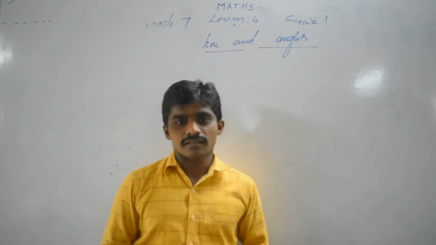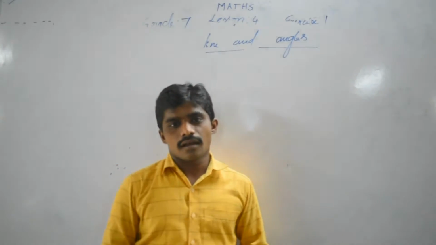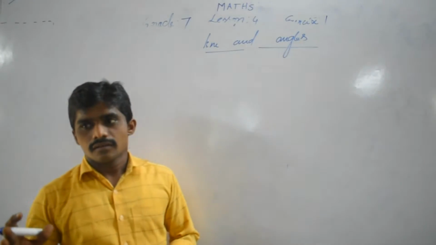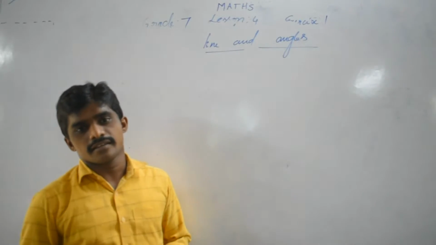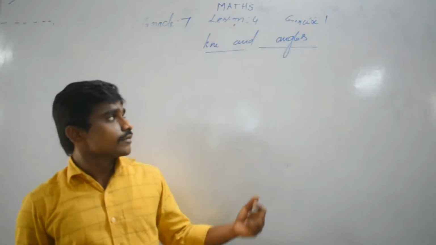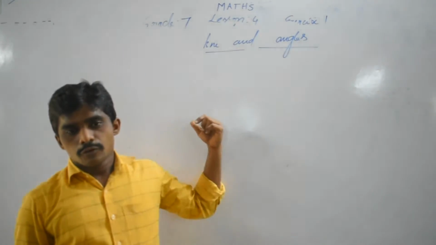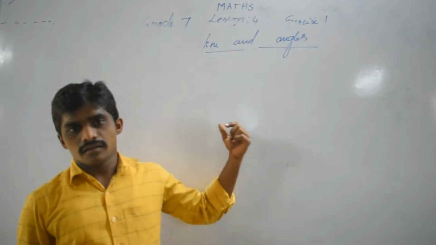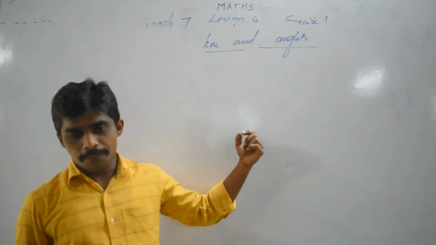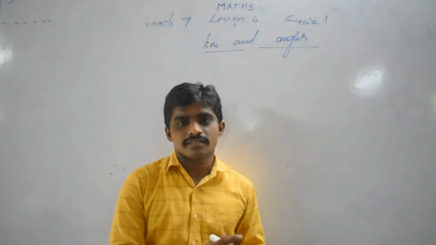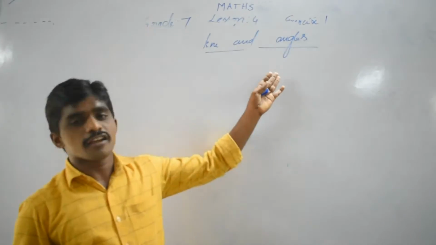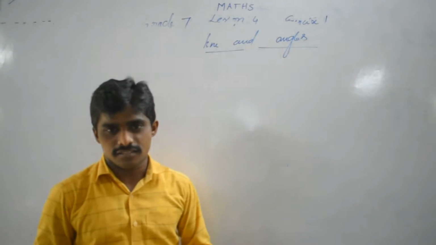If you construct any building, or you become a civil engineer, you use what we learn in this chapter. When you construct buildings or bridges, we use lines and angles.